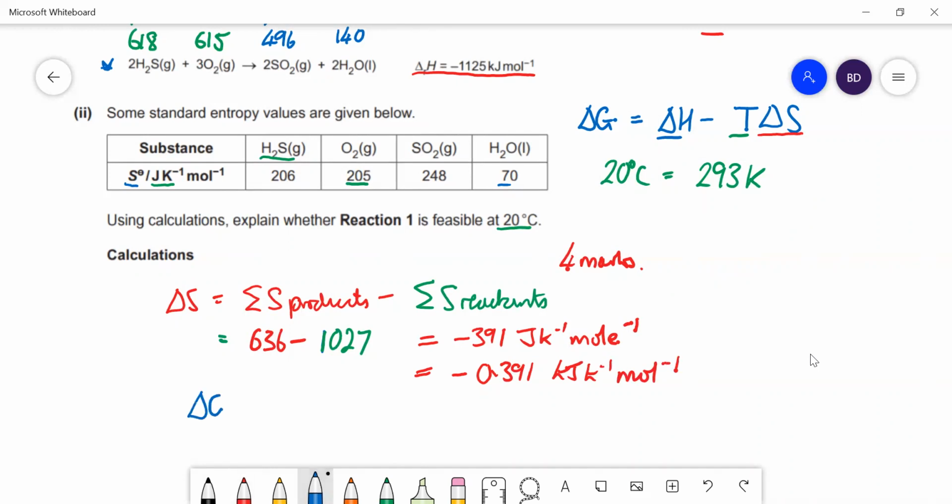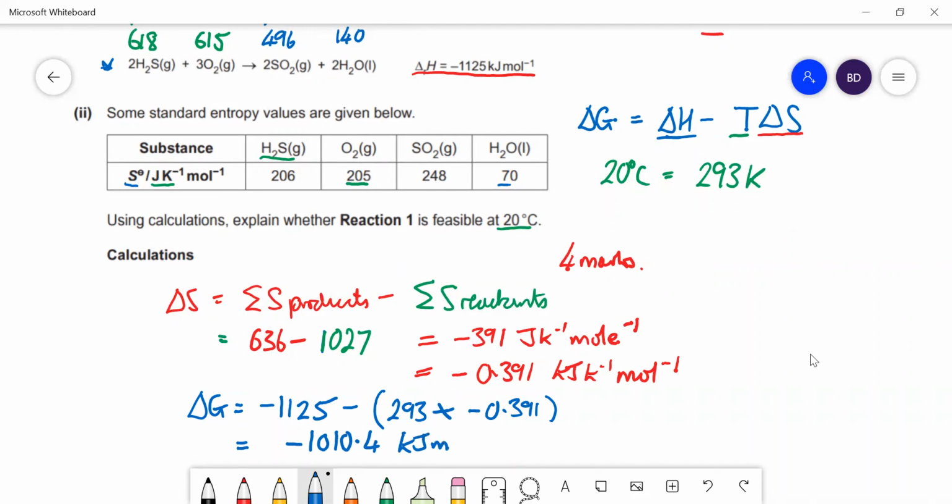So delta G is going to be equal to minus 1,200, that's delta H, minus 293, the absolute temperature, times minus 0.391. Put all the numbers into that and you get a value of delta G equal to minus 1,104 kilojoules per mole. There's too many significant figures there, but all we need to say is that quite clearly this is a negative sign.